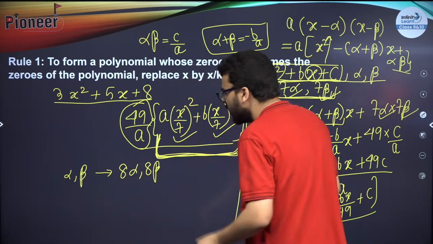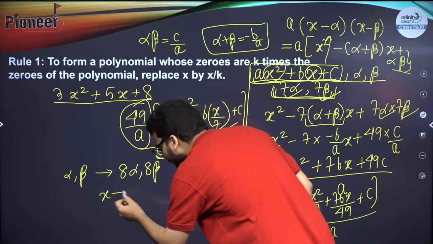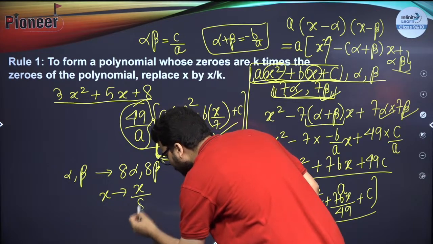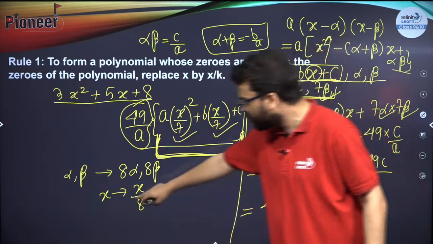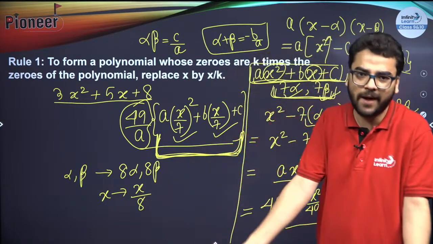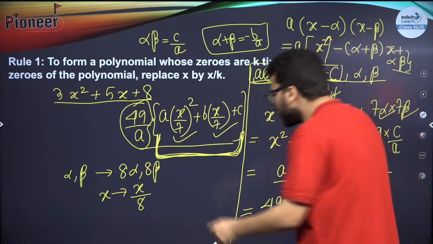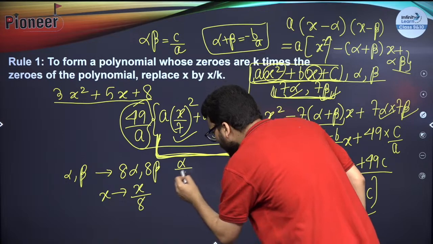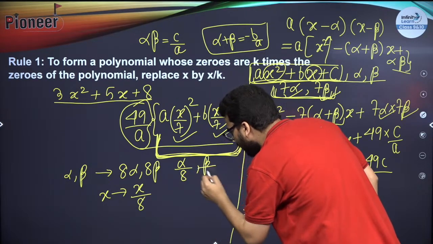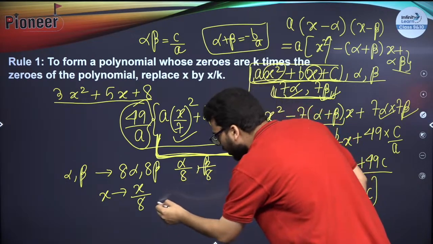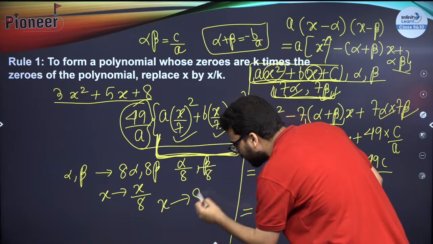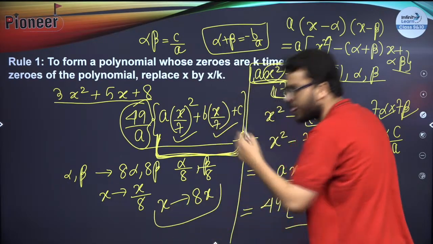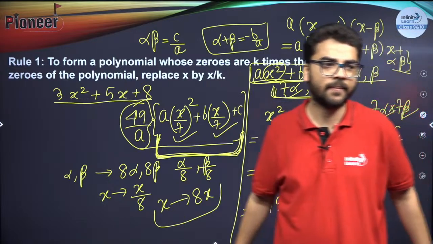So what you will do, you'll just convert x to x by 8 in the actual polynomial. You got that? In the actual polynomial, put x is equal to x by 8. That's it. Suppose you want a polynomial whose zeros are alpha by 8 and beta by 8. What you will do, in the actual polynomial, in place of x, just put 8x. That's it. Any doubt in this thing, guys?